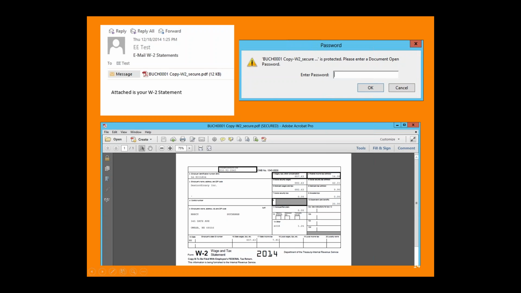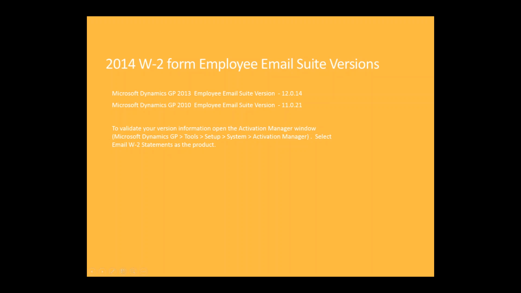And you can see we have a 2014. I didn't include all 3 copies. This is just 1 copy. So when we talk about upgrading to the latest version, these are the latest versions that we have for GP 2013 and GP 2010.